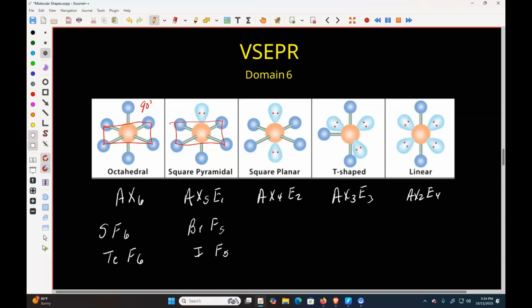The next one is square planar. Again, we have a planar molecule, and there's four sides to it, so it's a square planar. So examples would be like the following molecules. The next one, AX3E3. There are no known stable compounds.